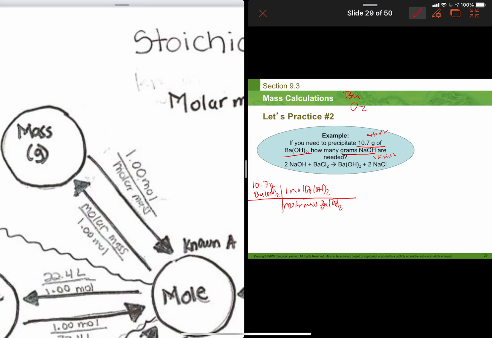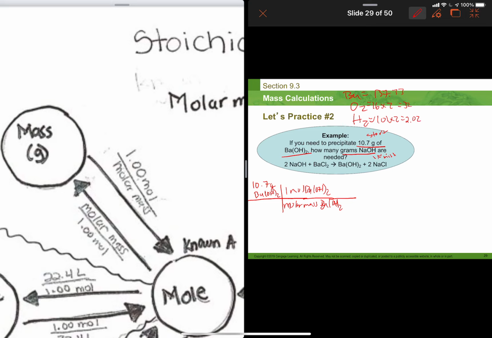So BaO2H2. Remember, if it's in parentheses, that means it has however many, whatever number is outside the parentheses. So Ba, we have 1, which is 137.33. O, we have 2, so it's 16 times 2. H, we have 2, so it's 1.01 times 2. 16 times 2 is 32. 1.01 times 2 is 2.02.